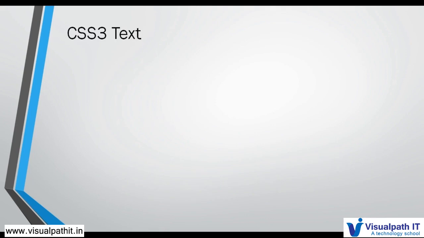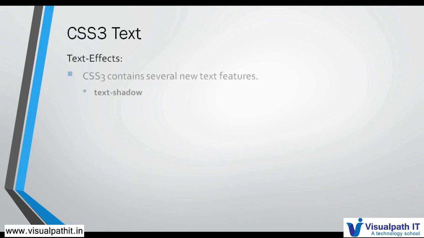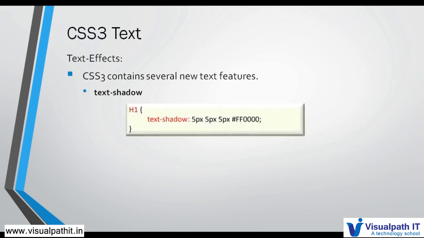Moving next, we'll understand what CSS3 text is. Under that, we have text effects, where CSS3 contains several new text features, such as text shadow. To make a text shadow, you can write this syntax. For the h1 tag, the h1 tag should have a shadow, which is text shadow 5 pixels, 5 pixels, 5 pixels, then the color.